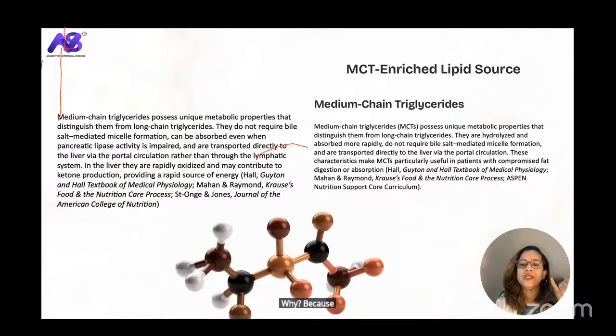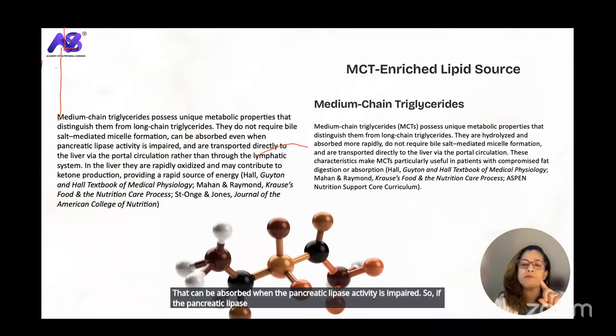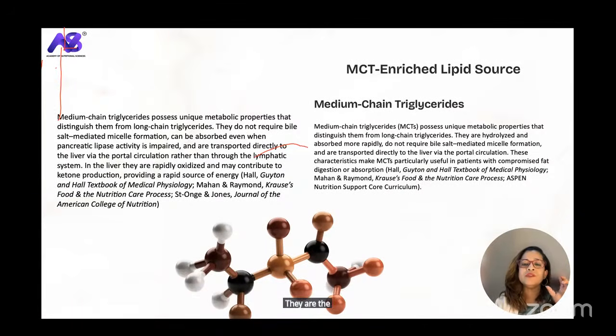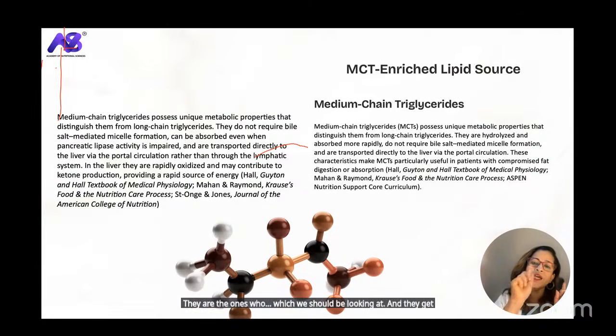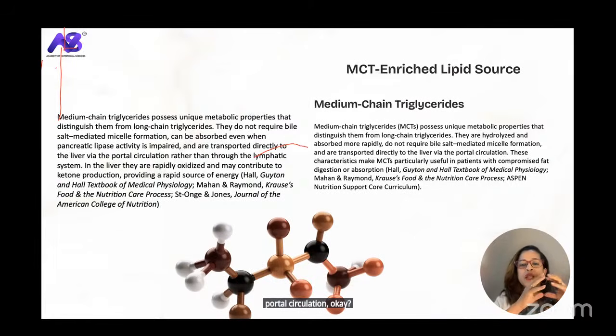Because it does not need bile salts for micelle formation to be absorbed, even when pancreatic lipase activity is impaired. So if pancreatic lipase activity is impaired, these are the ones we should be looking at. They get transported directly to the liver via the portal circulation, rather than through the lymphatic system.